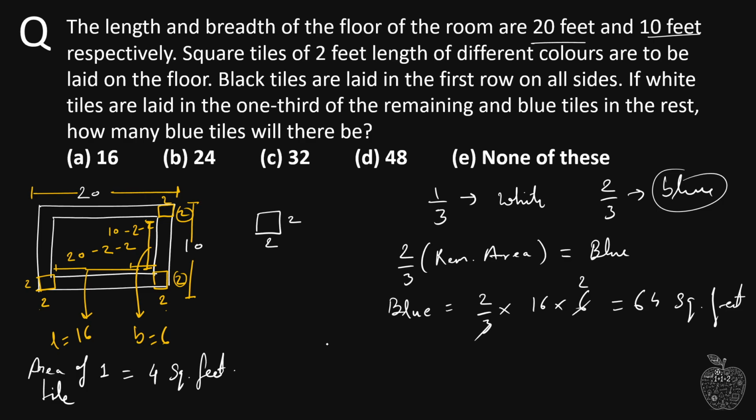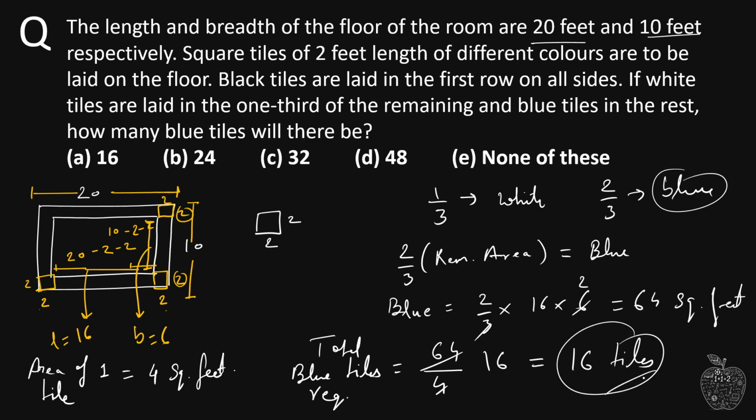So we find that out. Total blue tiles required here will be total area to be covered, 64, divided by what one tile covers, 4. So 4 16s are 64, so 16 tiles will be required to cover this 64 square feet.